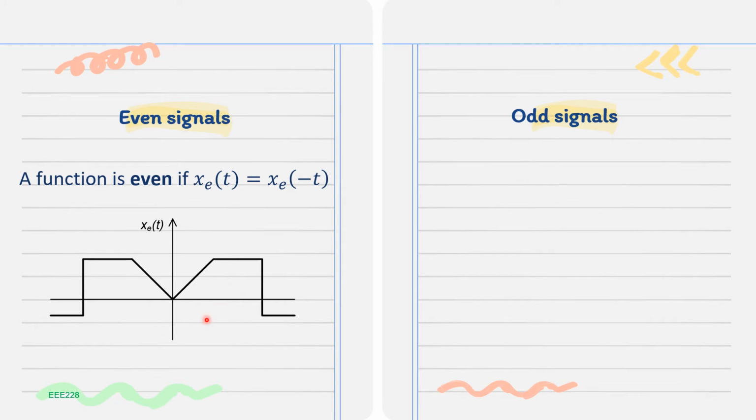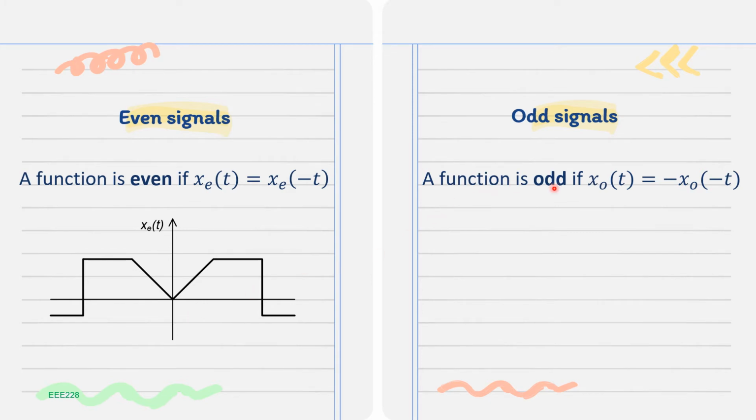If we have a signal x(t), and we sketch x(-t), and we find that x(-t) is the same as x(t), then we call it an even function. If you plot x(t) in this diagram, and then plot x(-t), you find that it looks the same as this one. So this is an example of an even signal.